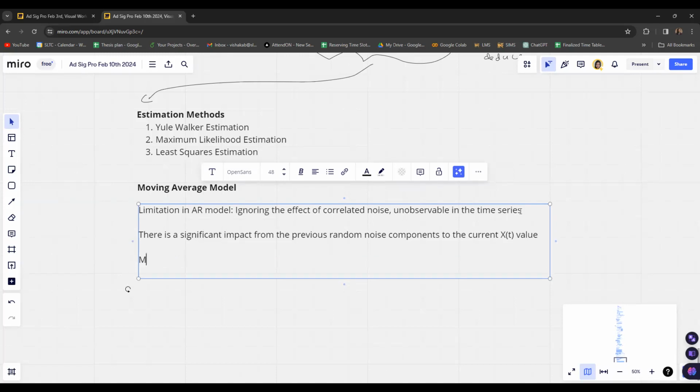The moving average also can be mathematically defined. That definition is given as xt equals the past values of the noise, and I will write down its equation. It can also be defined using the number of lags that we are considering to define the current value of xt.